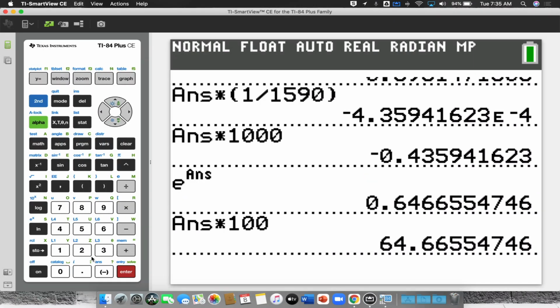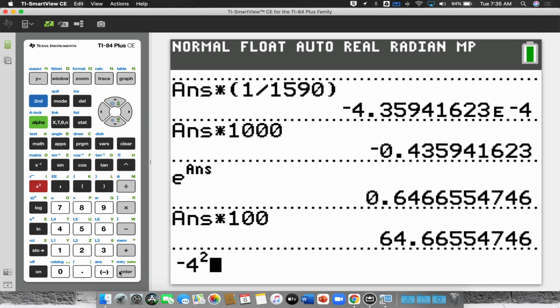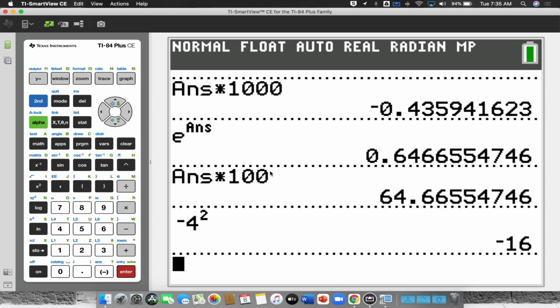Because the reason why, so watch, -4, maybe I've showed you guys this before, squared, you'll get -16. Wait, -4 times -4 is not -16. It's +16. So why is the calculator giving me -16? Exactly. Your calculator knows PEMDAS better than you sometimes.